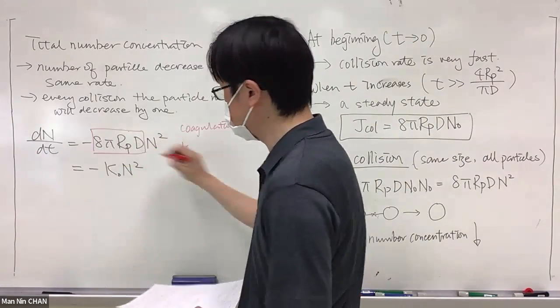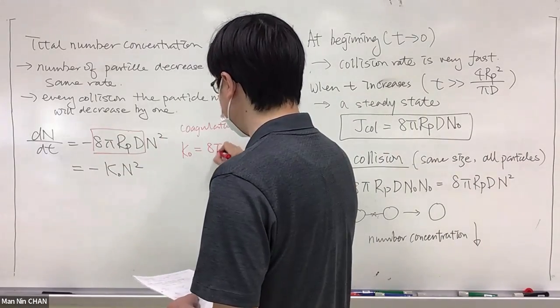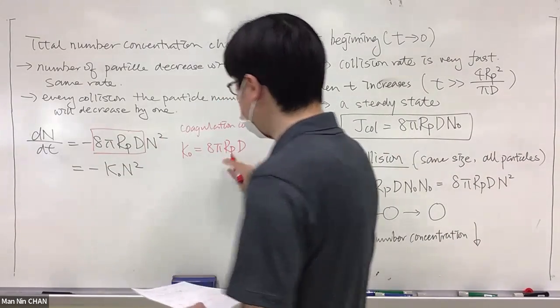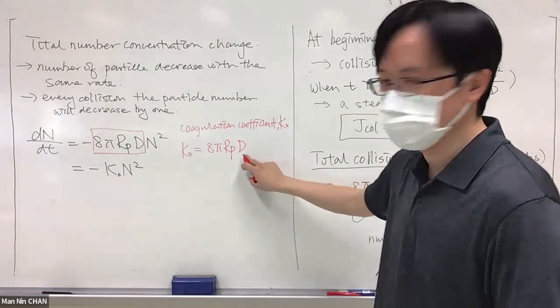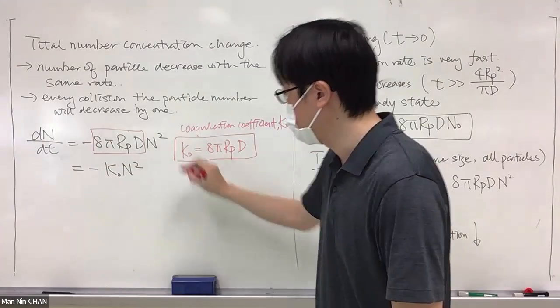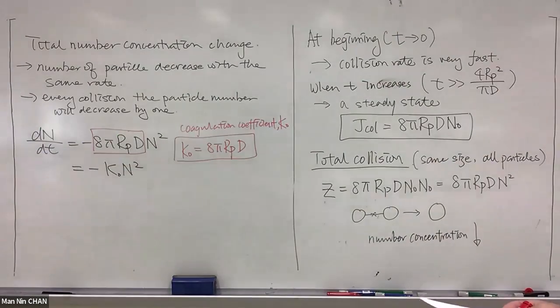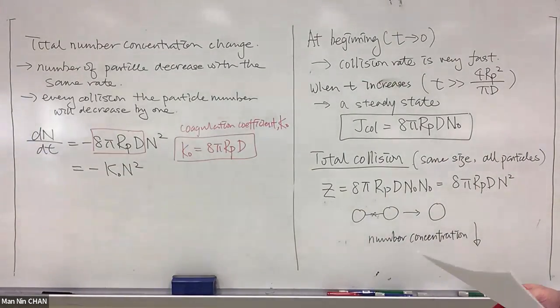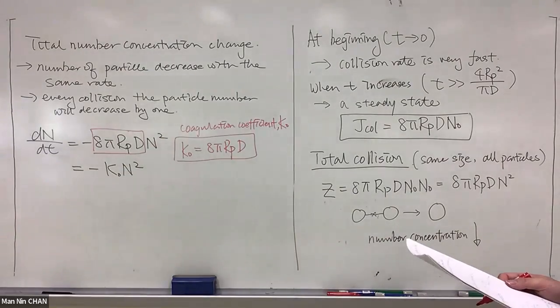You can see from this that they set K0 equal to 8 pi RP D, where RP is the radius of the particle and D is the diffusion coefficient of the particle. So they just set a term like this and call it the coagulation coefficient K0.